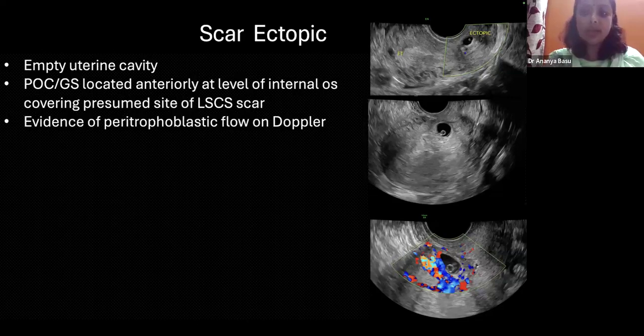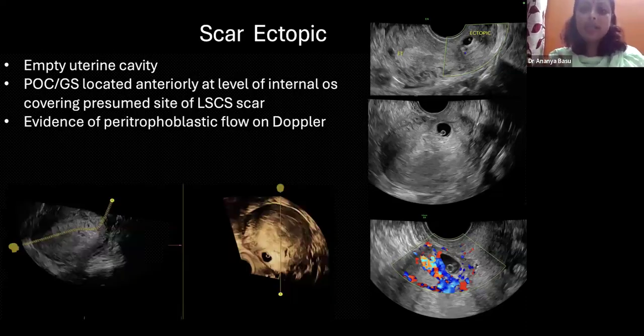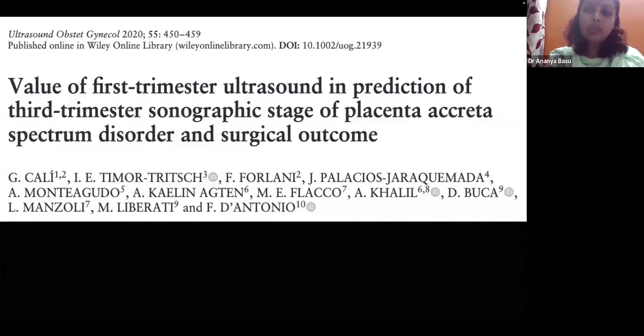We will be able to see increased vascularity around the G-sac, located at around the level of the previous scar where it is expected to be. So that is how we make a diagnosis. The endometrial cavity will be empty, and there will be a low-down position near the lower uterine segment at the site of the previous scar, which is seen on color Doppler.